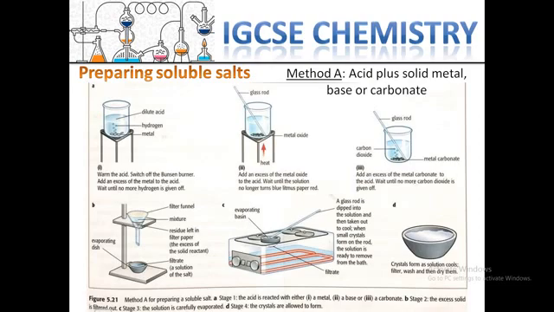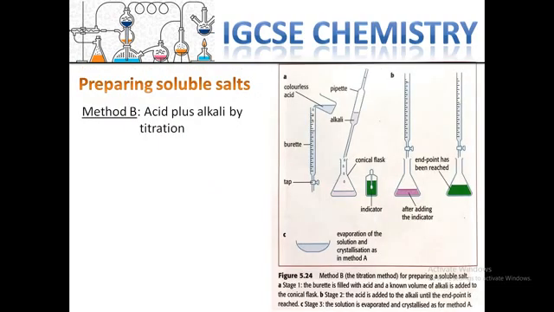All right, so this is method A, where you use solid metal, base or metal carbonate, by adding acid. Method B is a titration, acid plus alkali by titration.